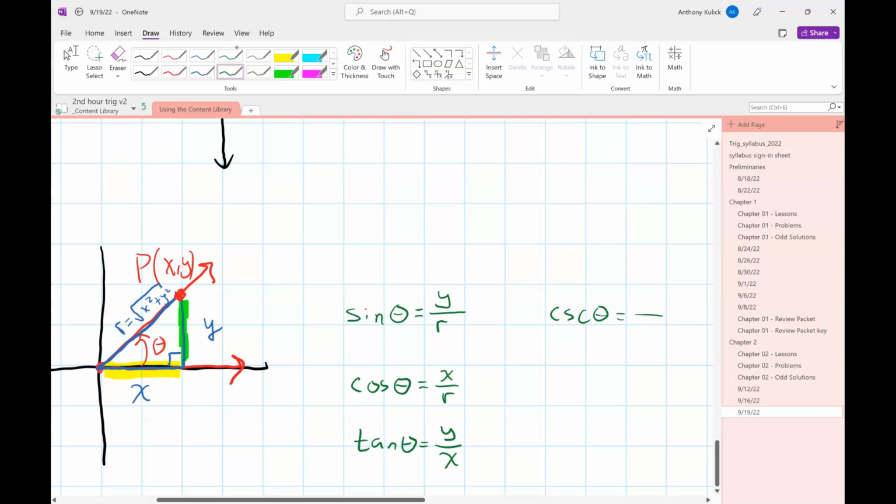Cosecant should be R over y. Secant should be R over x. And cotangent should be x over y.